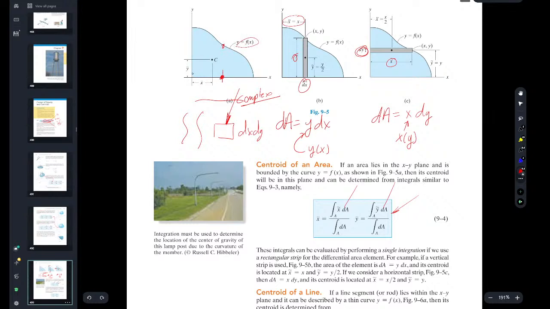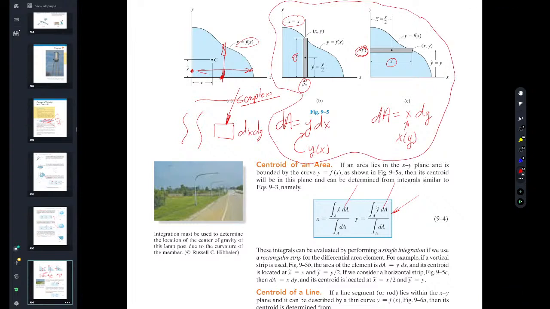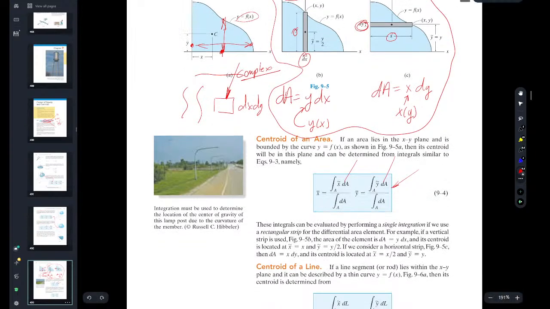If you're looking at dx, you're going to go from here over to here. So you have limiting factors on both. It depends on how the person in calculus did this for you, but this is an easier standard here. But either way you do it is fine.